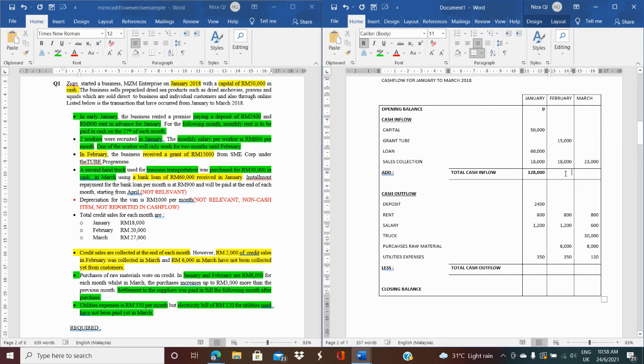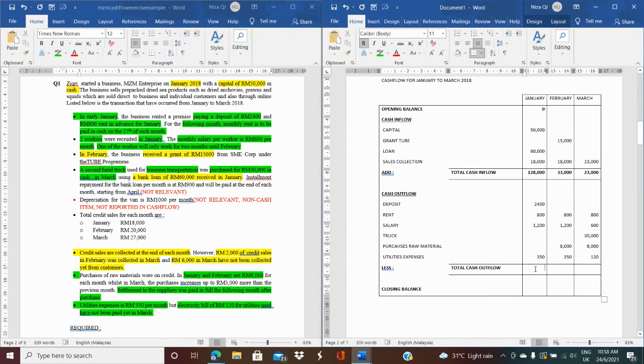Then for February, 15,000 plus 18,000 is 33,000. And here is 23,000.